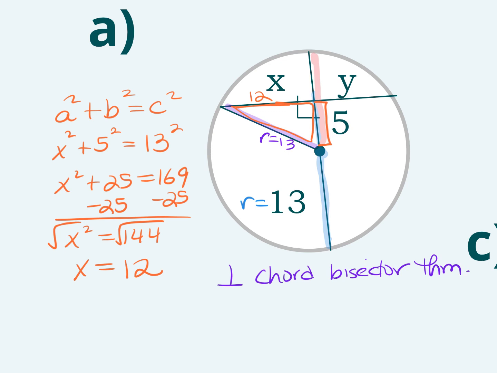And remember, if the diameter of a circle, and that's this piece right here, is perpendicular to a chord, then it bisects the chord and its arc. So this tells me that x is 12 and so is y by using the perpendicular chord bisector theorem. So y in this picture is also 12.